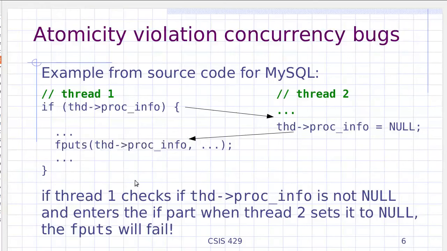So once again, thread 1 checks if something is not null, but before it has a chance to use that information, thread 2 gets in there and sets that very same thing to null, and so then something in thread 1 will fail. So we've seen this before. This is an example from the MySQL database server. So it's really interesting to see.